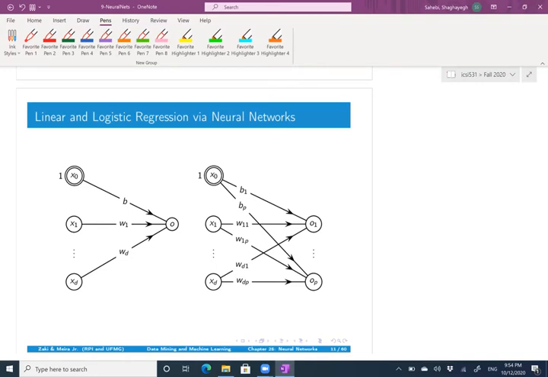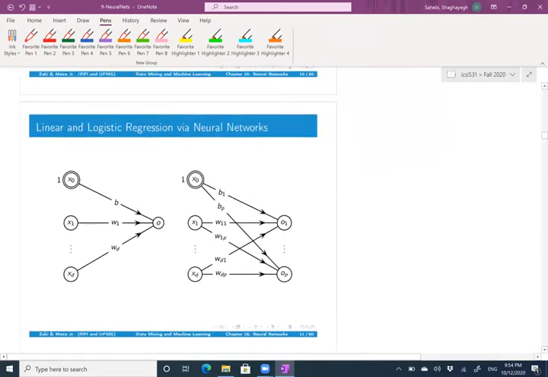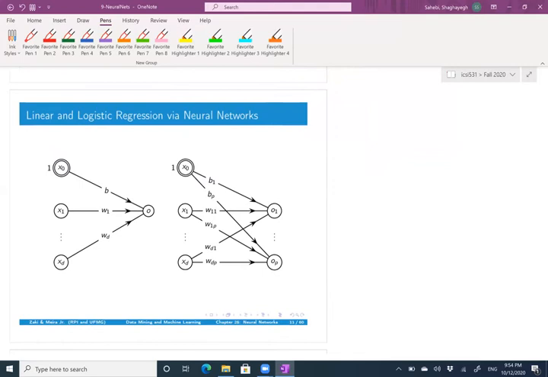So how can we do that? Let's see. Linear regression is very simple. In linear regression, what we had was that y is equal to w transpose x, if x is augmented x tilde, or it's equal to w transpose x non-augmented plus b.